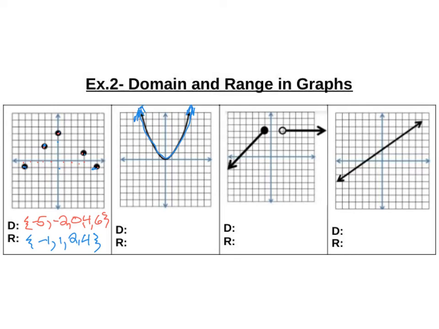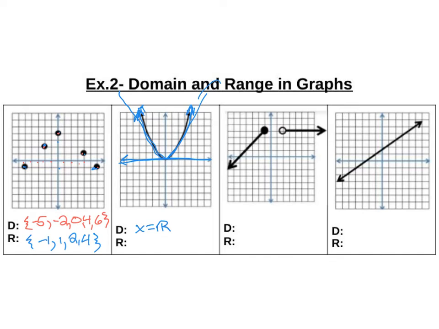So when you look at your domain, and we are looking at our x values, we are looking left to right and figuring out where this graph exists. As you can trace through that thing, we have no spots in the graph where x does not exist. Left to right, it is continuous the whole way through.